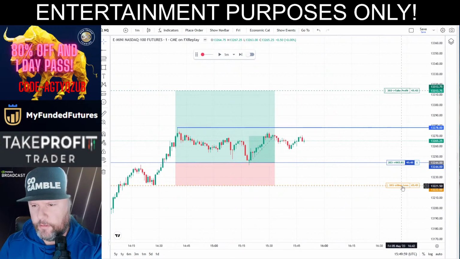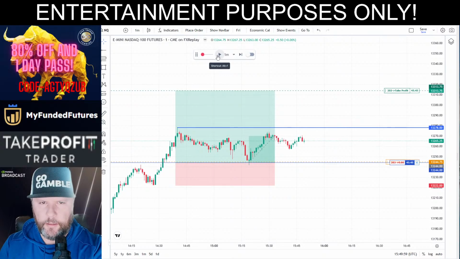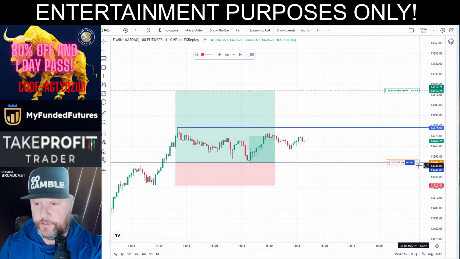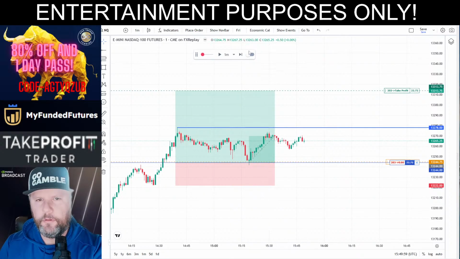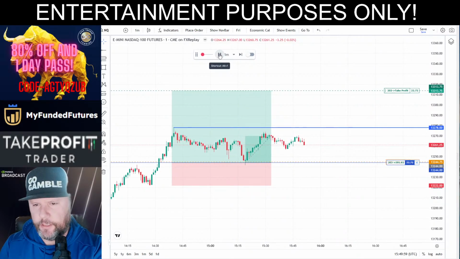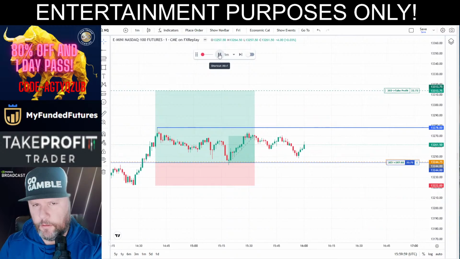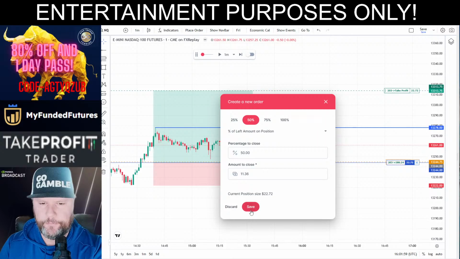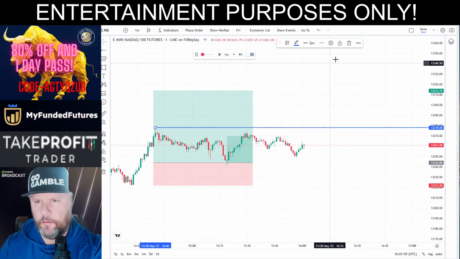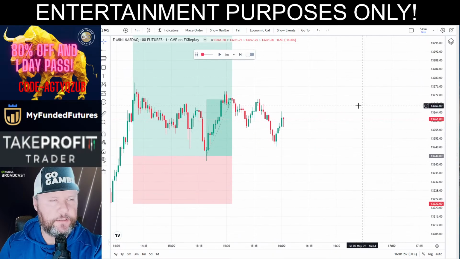Because of that, I will move the stop to break even. And maybe we scale a little bit here just to make sure we lock in some profits, maybe half, since we're kind of taking this one into the end of the day. And there's 4 o'clock, so we will just close the position. We'll move on to the next day here and see what happens.